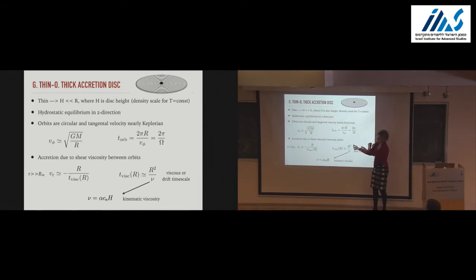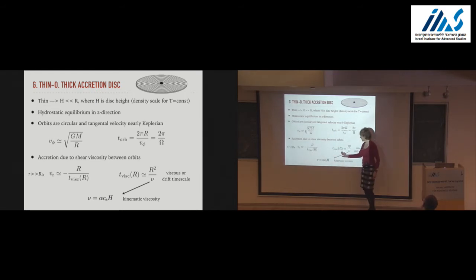This particle is decelerated, loses angular momentum, and wants to go on a circular orbit at an inner radius. Okay, so that's why the radial velocity is determined by the viscous time scale.